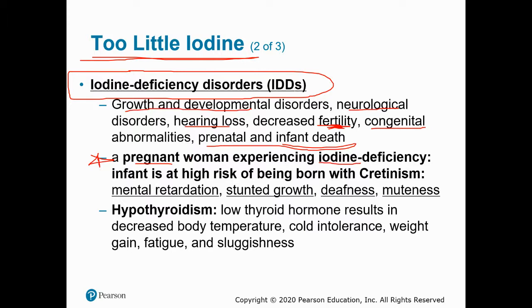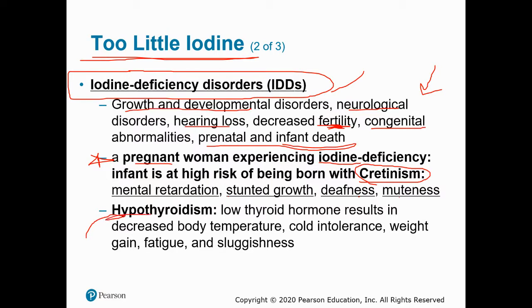The pregnant person themselves may experience some of these IDD deficiencies, but really the biggest concern with iodine deficiency during pregnancy is for the fetus or the infant. If the infant is born, they are at a much greater risk for cretinism, which is basically characterized by mental retardation, as well as stunted physical growth, and potentially deafness and muteness. So again, specifically neurological, growth, and developmental issues.